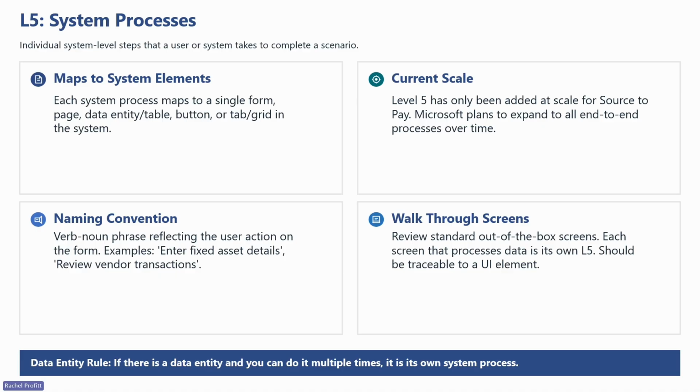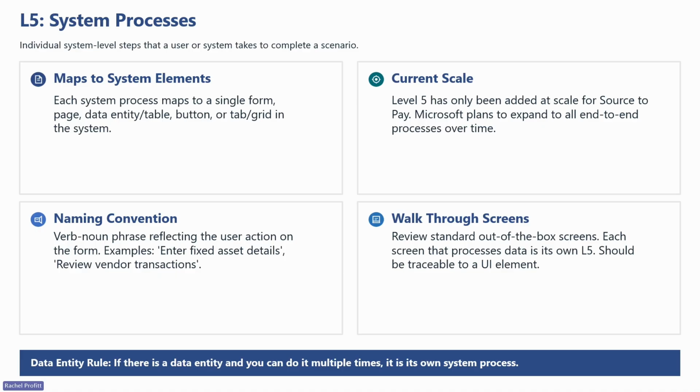It stays action-oriented, what the user is doing in the system, not the broader business intent. You'll also see that coverage today is stronger in source to pay, and we are planning to expand our system processes and test cases across the entire business process catalog in future releases.